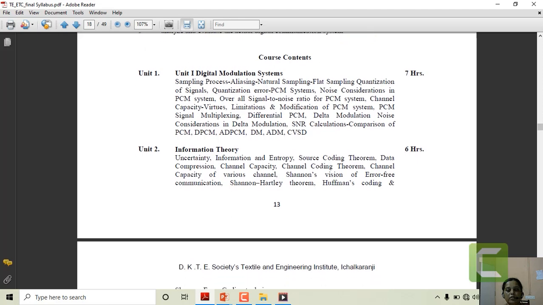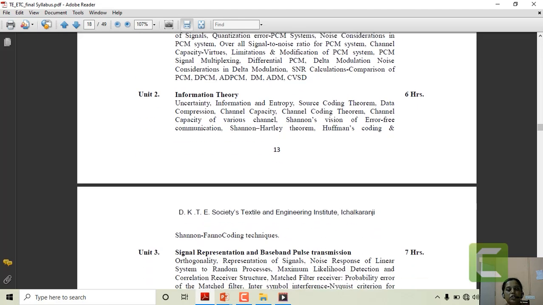As a second unit, we have the definition of information, the equation for entropy, information, and the source coding theorems. Then we are going to look at the channel coding theorems, including Shannon's theorem and the Shannon-Hartley theorem. This chapter also includes numericals and the procedure for source coding by the method of Huffman coding and Shannon-Fano coding.